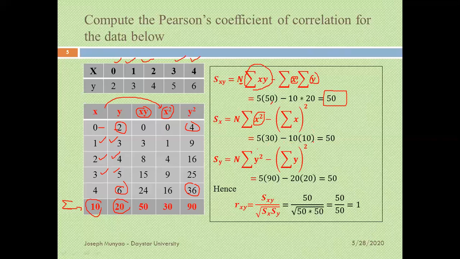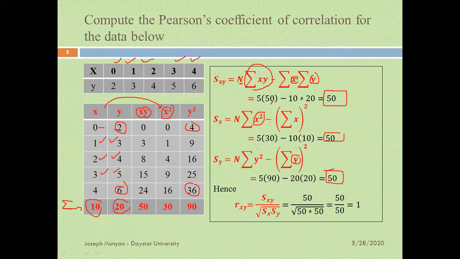I might multiply 10 times 10 to get, when you do that, 100. And I come to y. Here, the n is 5. The y squared column total is 90. So that is 450. Then the summation of y, the column for y, is 20. So 20 squared is 400. I get a difference of 50.